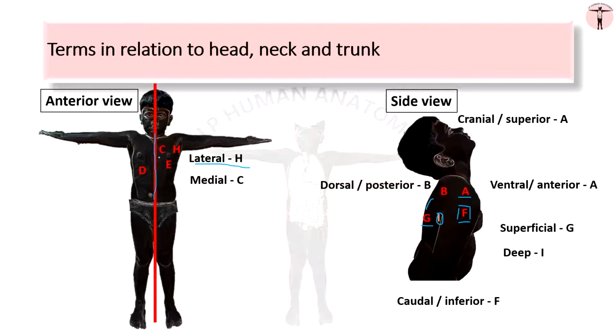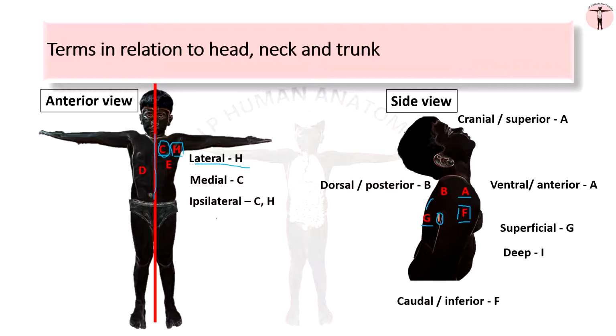So here comparing C with H, H is lateral to the structure C, and C is medial to the structure H. So you can see H is away from the midline, C is close to the midline.